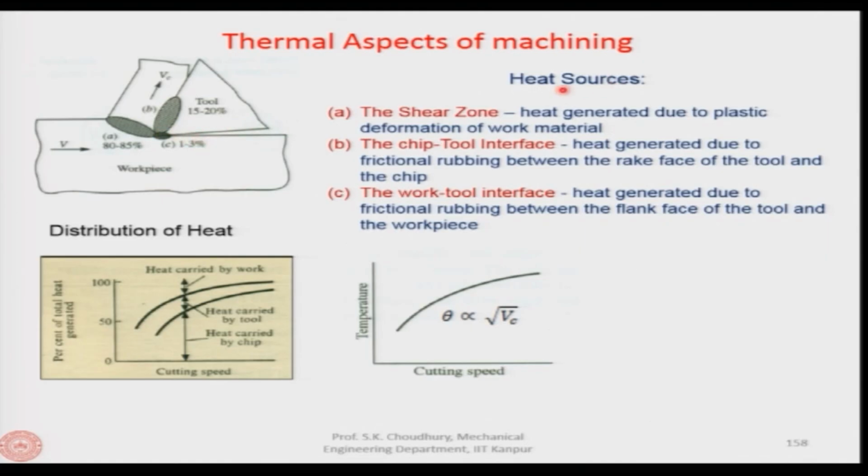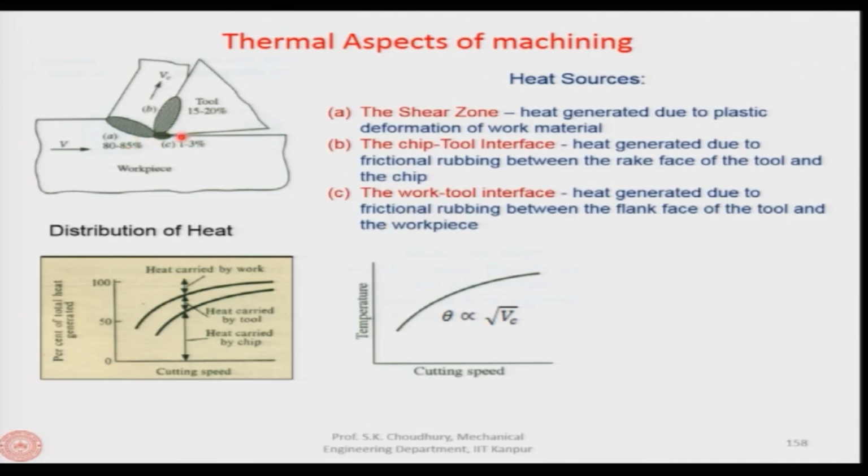Now, the heat sources therefore are the shear zone, heat generated due to plastic deformation of the work material; the chip tool interface, as I said, that is heat generated due to frictional rubbing between the rake face of the tool and the chip; and finally, the work tool interface, that is heat generated due to frictional rubbing between the flank face of the tool and the workpiece.